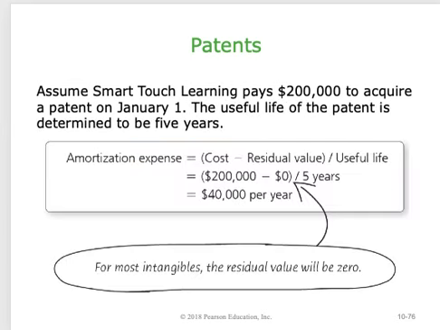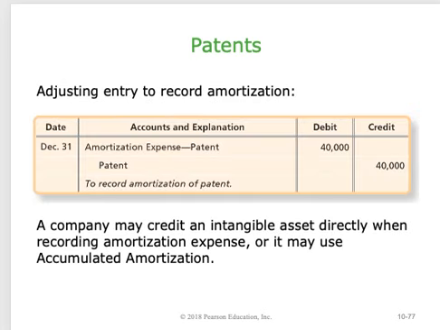Okay, so to figure out the amortization expense for this patent, you would say $200,000 minus 0, divided by 5 years. And that's going to tell you the useful life there, and it's going to give you an amortization expense per year. But I want you to look at this journal entry. For depreciation expense, we also credited accumulated depreciation. For depletion expense, we also credited accumulated depletion.